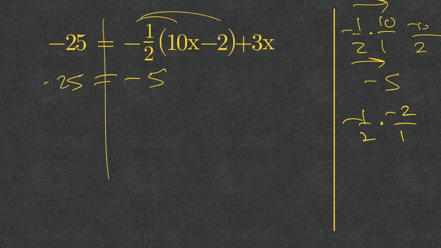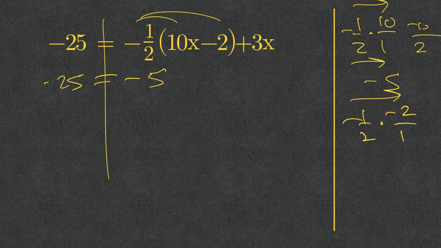What do we do? -1/2 times -2. We're going to put the -2 over 1.